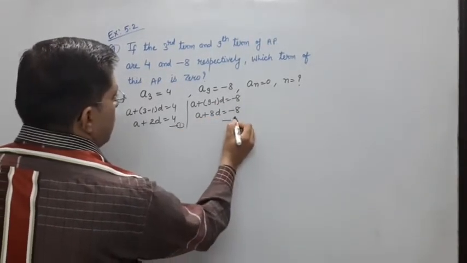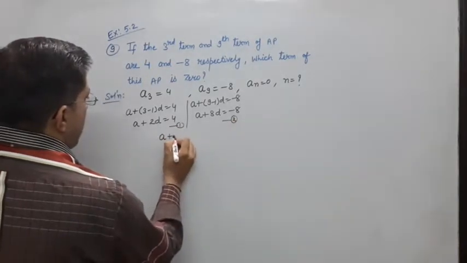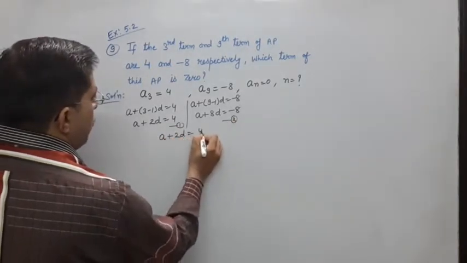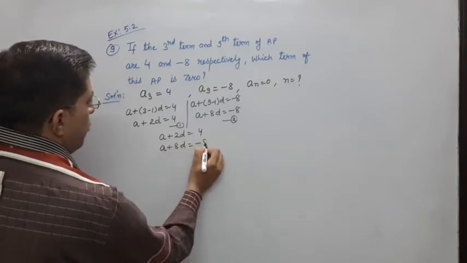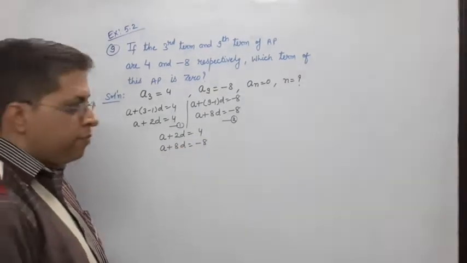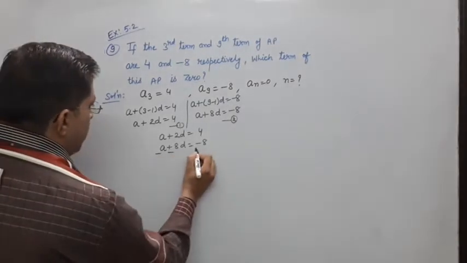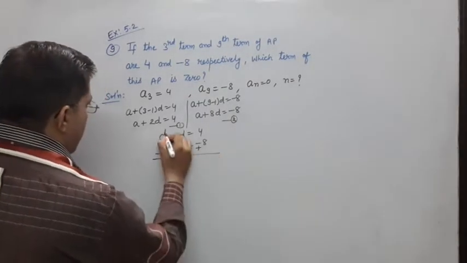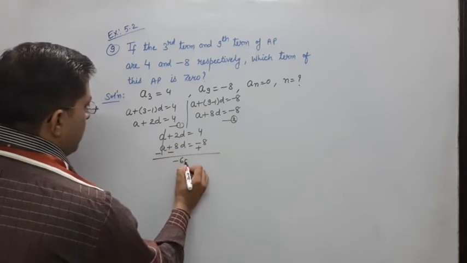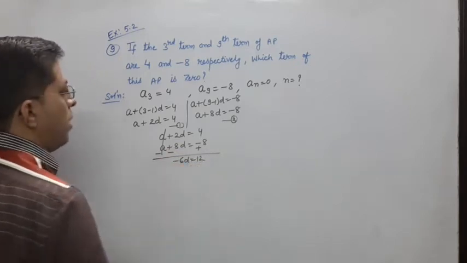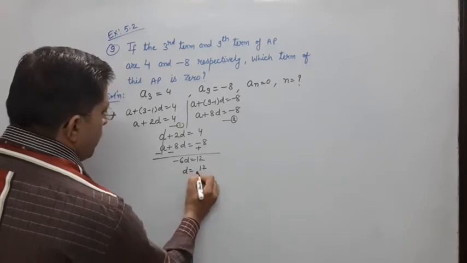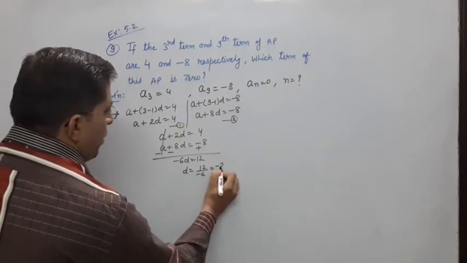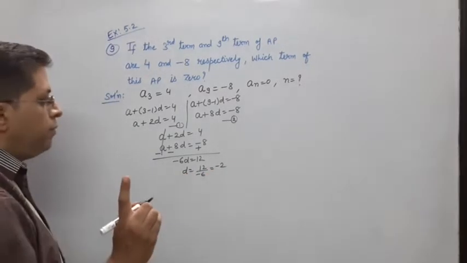Equation 1, equation 2. Subtracting, A will cancel. This is minus 6D is equal to 12. What is D then? 12 upon minus 6, this is minus 2.